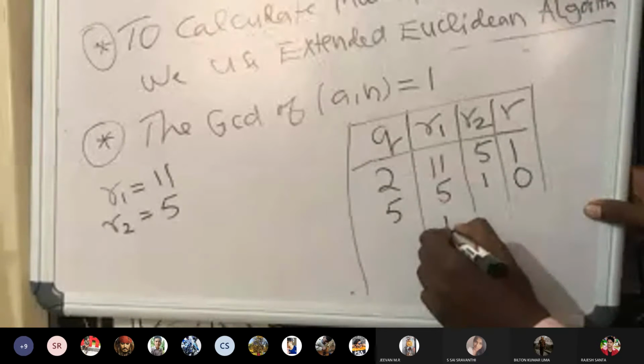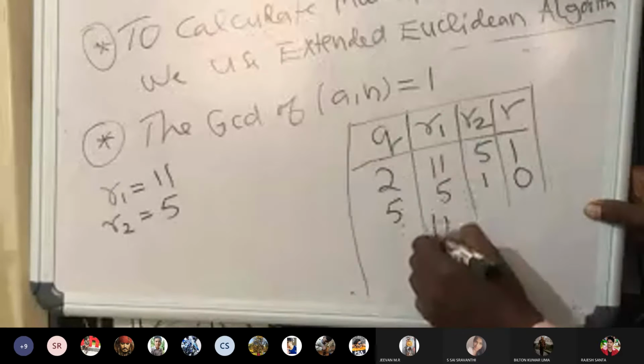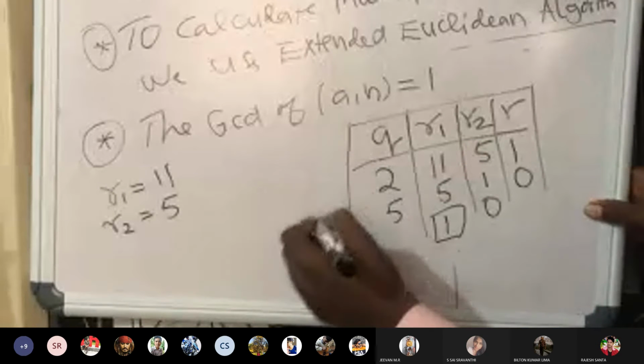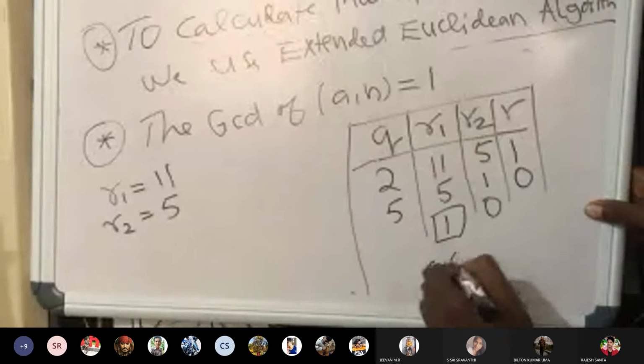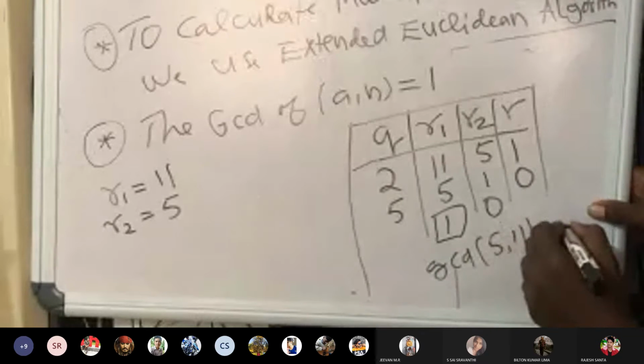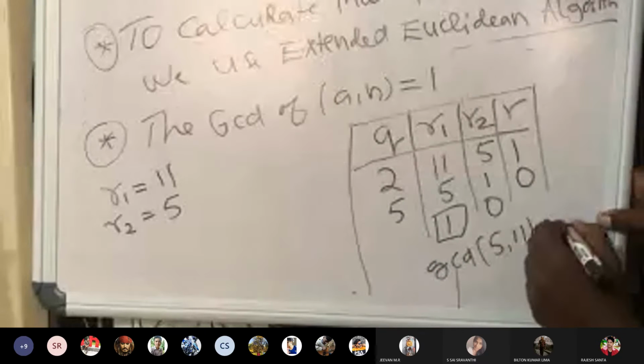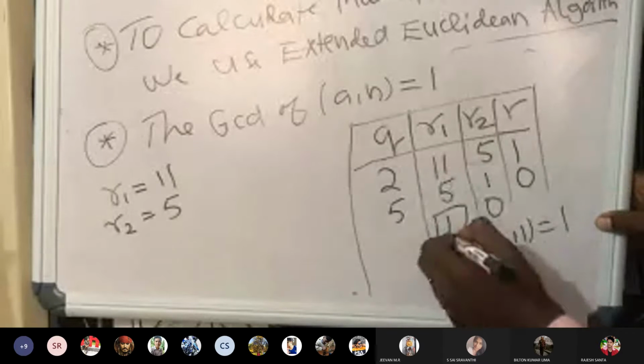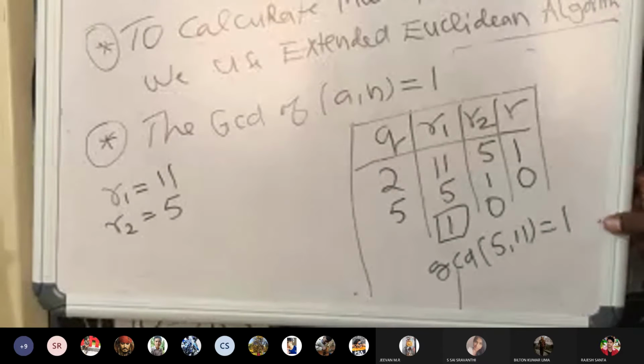R1 becomes this one, which means the GCD of 5 and 11 is equal to 1, because the GCD is equal to R1. I hope this is clear for you all.